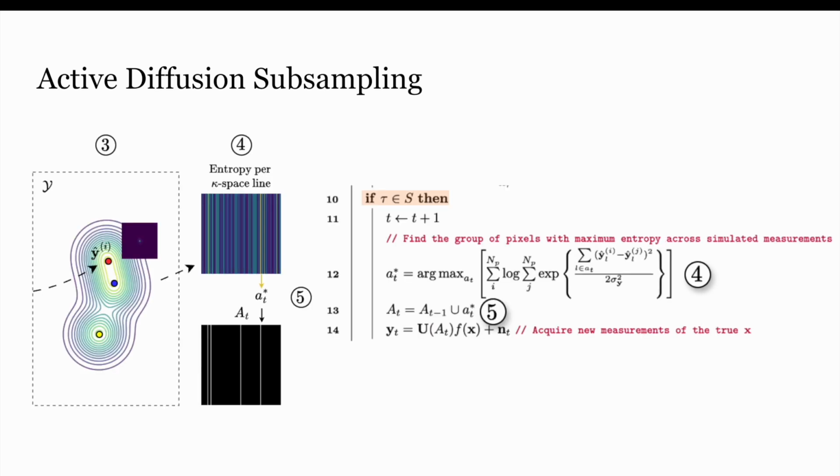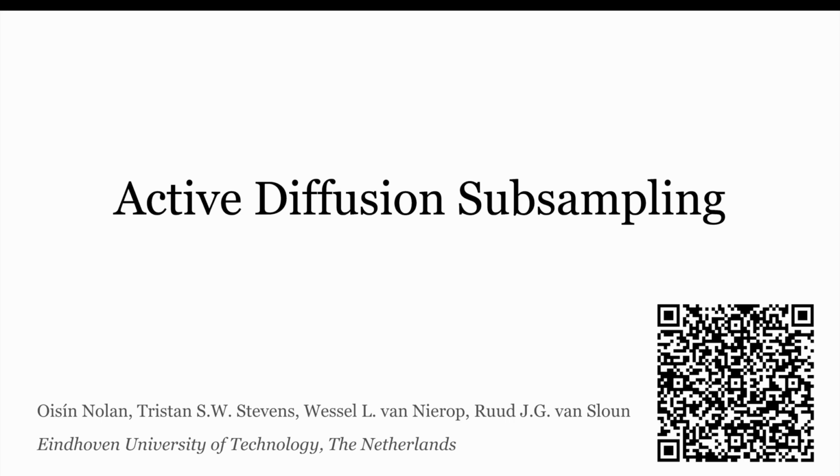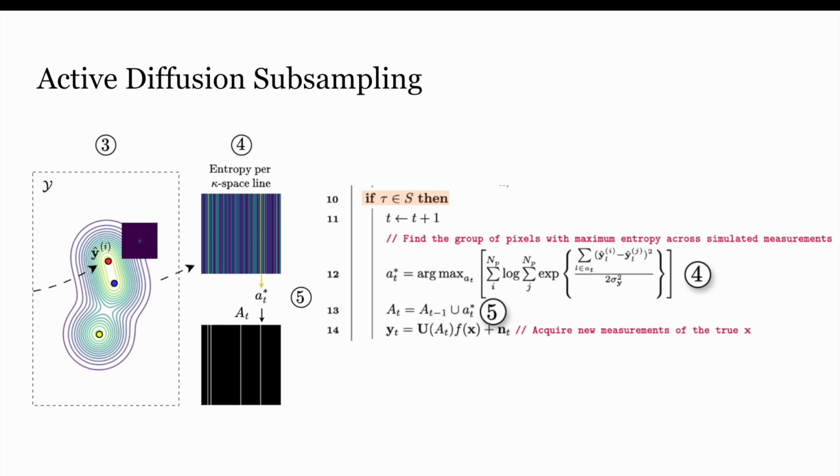And this is just the data fidelity step from diffusion posterior sampling. The part that we add, which starts to move away from diffusion posterior sampling, is when tau is a time step at which we want to take a new measurement. At that point, we first compute our entropy using the Gaussian mixture model approximation that I described earlier. That gives us a new measurement location. We add that to our set of measurements, and we use that set to acquire our new measurements from the true signal of interest.